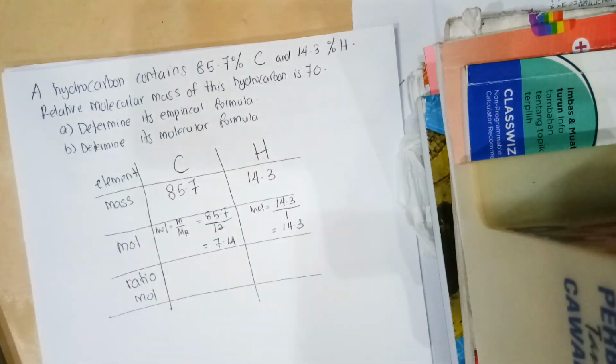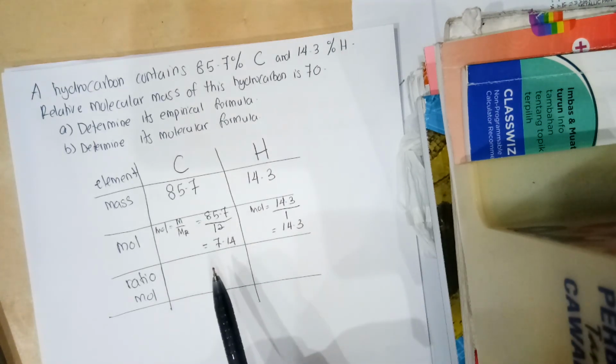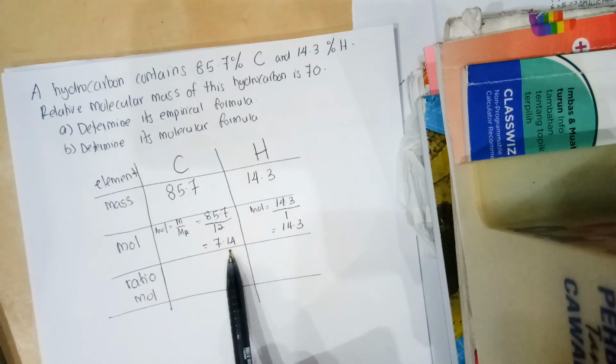Now for the ratio mole, remember we divide by the smallest mole. Clearly the smallest number is 7.14.